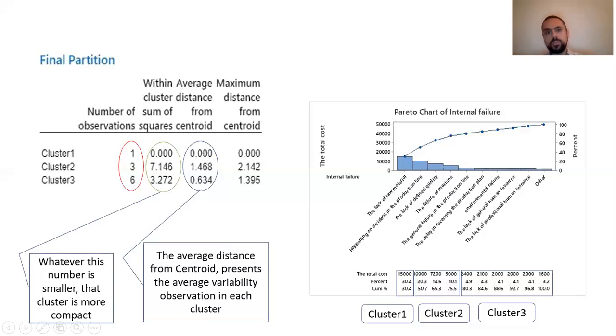It doesn't have any specific compactness. For the third one, it has 6 factors, but its rate of compactness is high. But the second one has 3 factors, but the rate of compactness is low because this number is 7, and this one is 3. Whenever the number in this column is higher, the compactness is less.